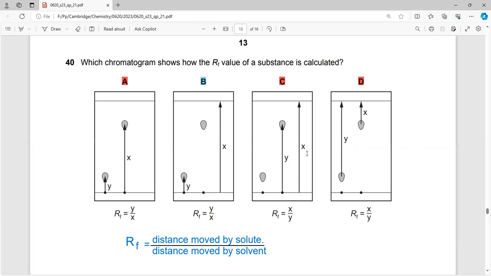X is the solvent and Y is the solute, but here it says X over Y, solvent by solute, so that's a wrong reference. In the same way, D is an incorrect measurement. For example, X and Y are supposed to start from the baseline, but it's starting from an above point. So this is logically incorrect. So B is our correct option here.